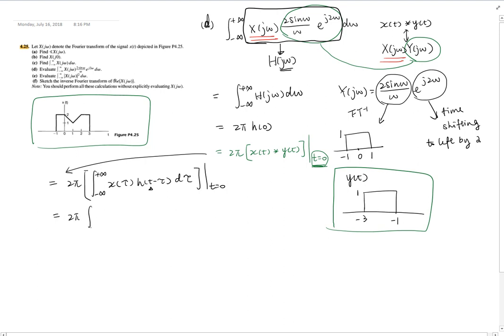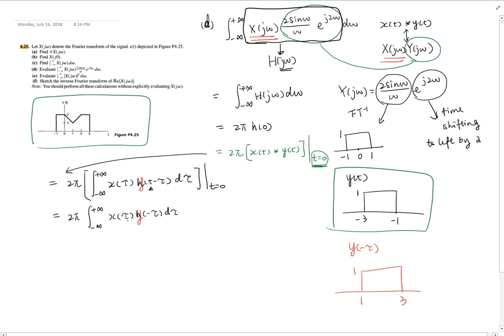So I get this. So what is our h negative τ? Oh, I'm sorry, here's y. We have our y(t), so y(negative τ) shouldn't be hard, from 1 to 3 with a magnitude of 1.